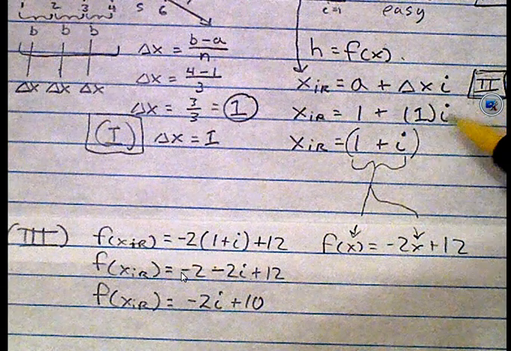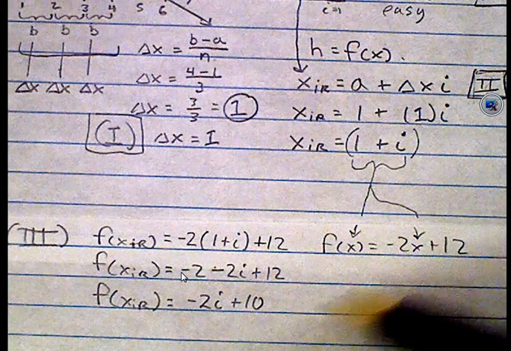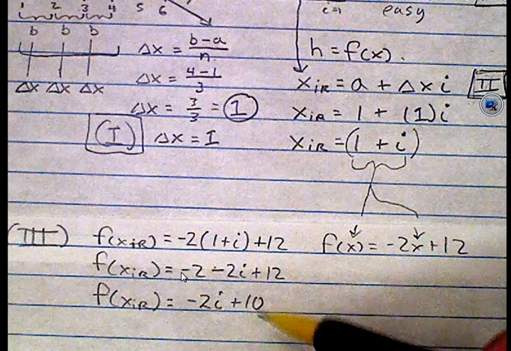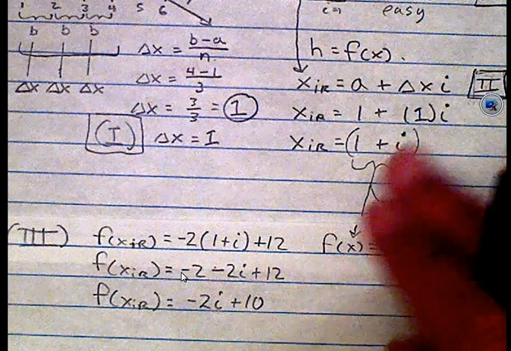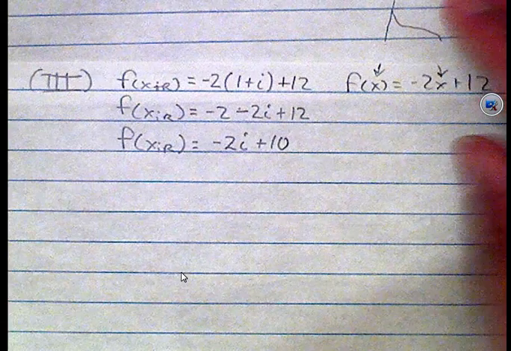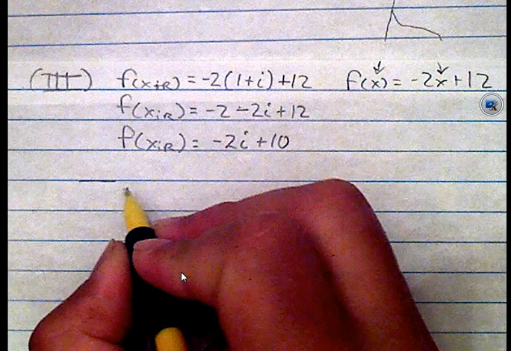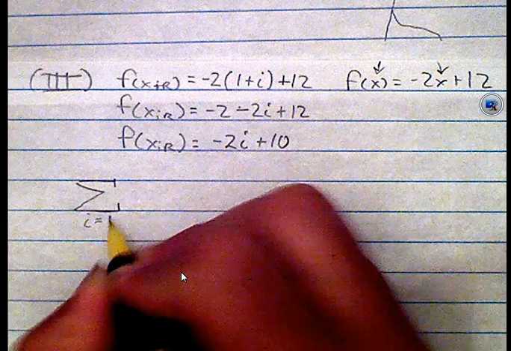Once I get my x's right, I'll plug it into the f of x formula, and I'll have the perfect f of x of IR formula to plug into my summation. So let's go back to the summation. We had a rudimentary, easy summation going on till I messed it all up and gave you this complicated stuff.